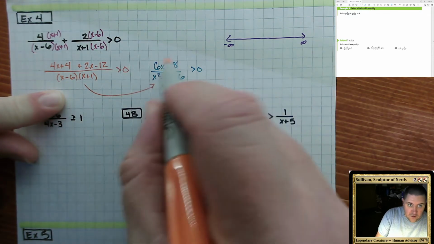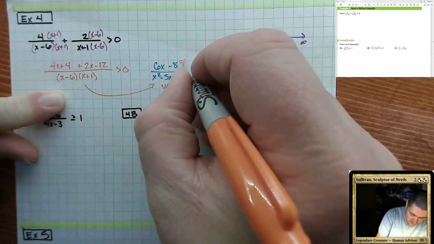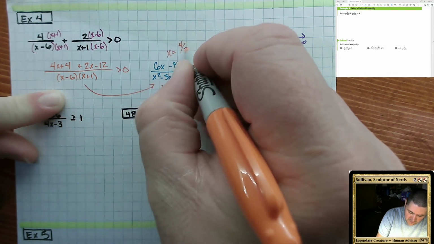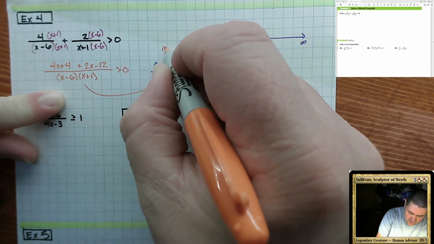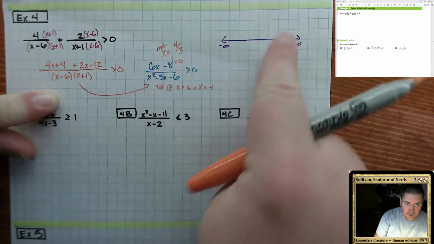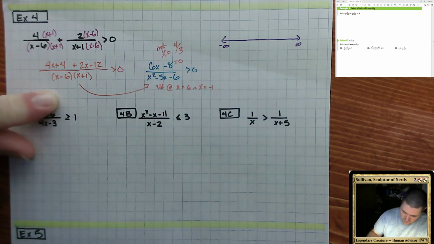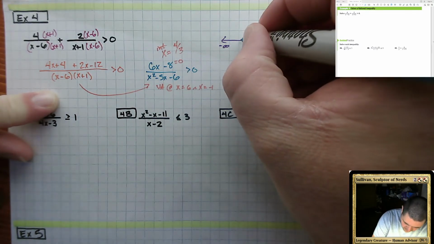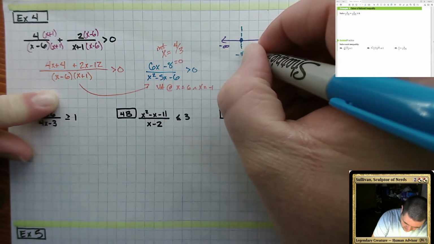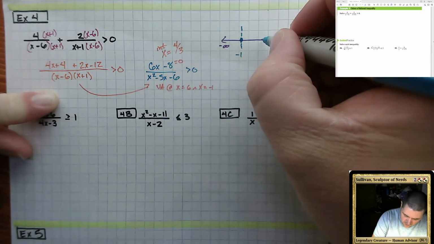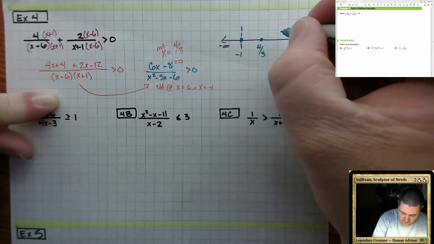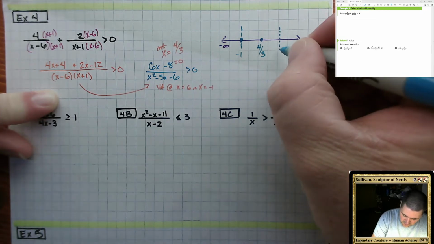If I set my numerator equal to 0 and solve, add 8, divide by 6, x is 4/3 is going to be an x-intercept. So I throw these three things on my number line. At negative 1 is an asymptote. At positive 4/3 is an x-intercept, and at 6 is an asymptote.